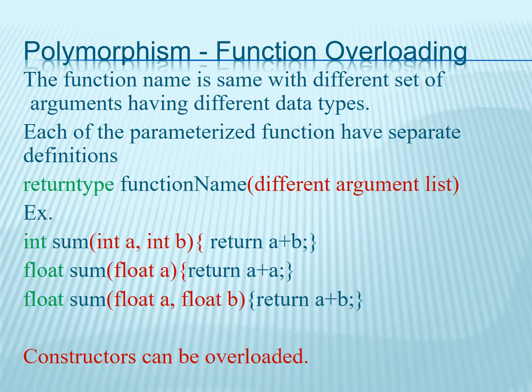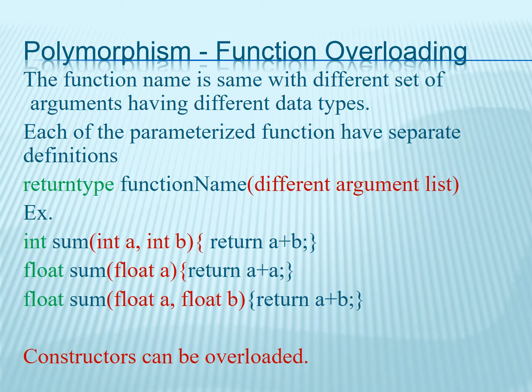The second definition of sum receives a single parameter which is of data type float. It adds the variable with itself and returns the float value. The third definition receives two float values, adds them and returns a float value.